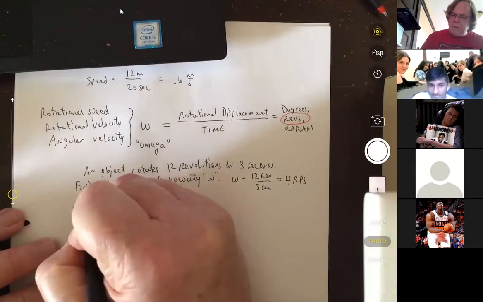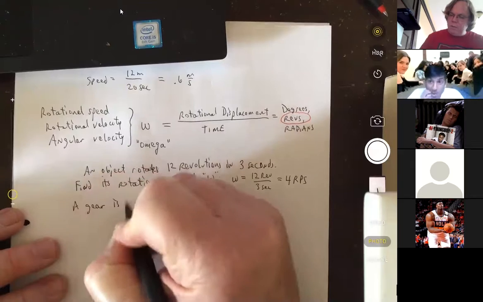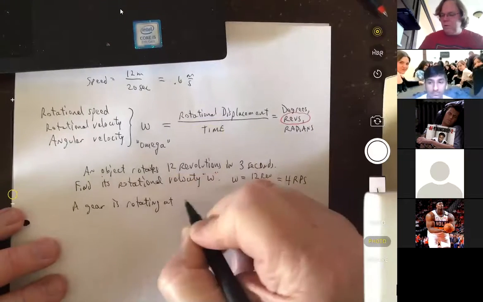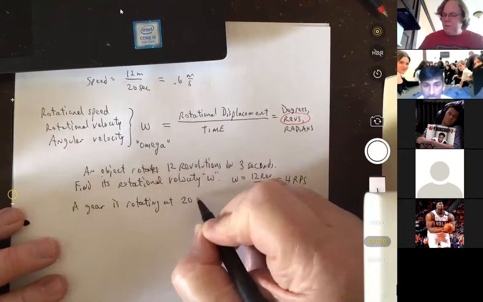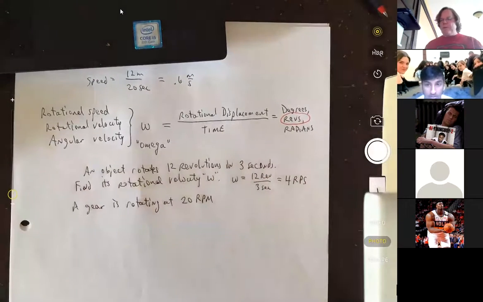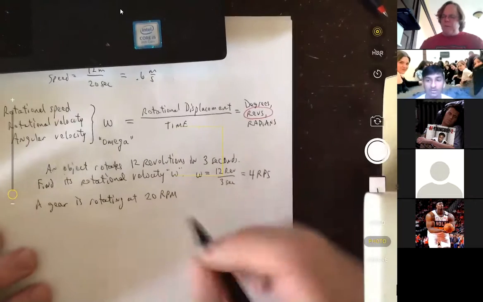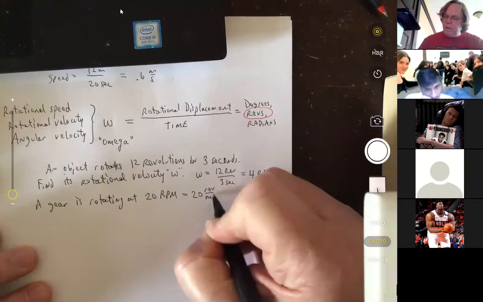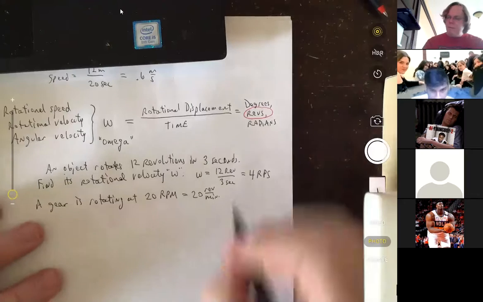A gear is rotating at 20 RPM. Now, I hope you understand that RPM is revolutions per minute. So it's 20 revolutions per minute. Okay?